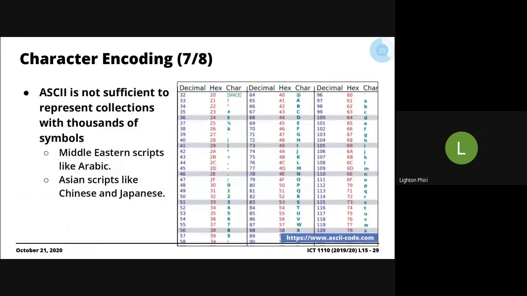It turns out that some encoding schemes are not sufficient. One of the reasons why we have a number of encoding schemes is because the more popular, generic ones, typically pioneered by people from the West, are not sufficient to accommodate the many characters that we find in other languages, especially in Asia, or Arabic in the Middle East, Chinese, Japanese.